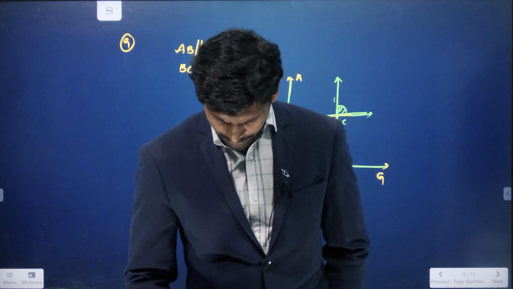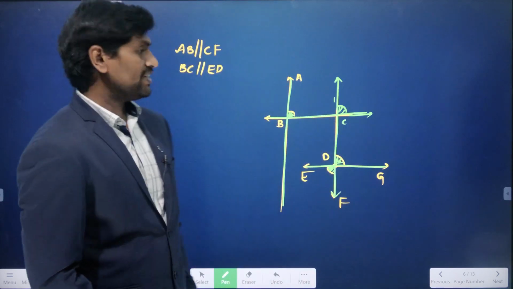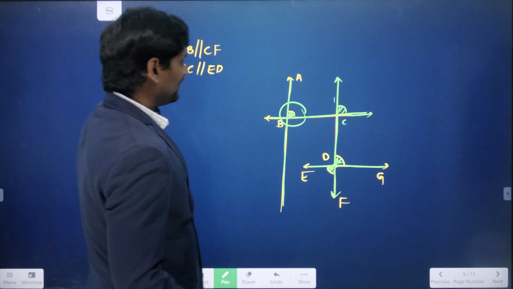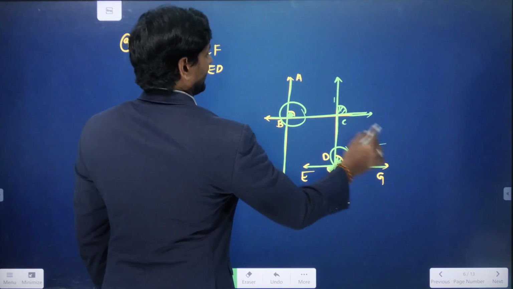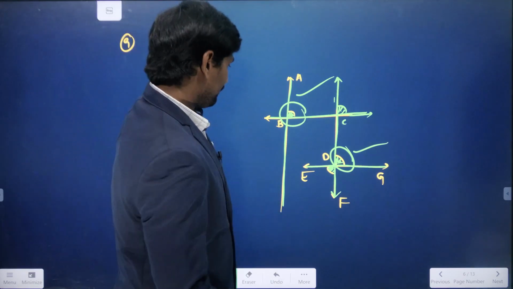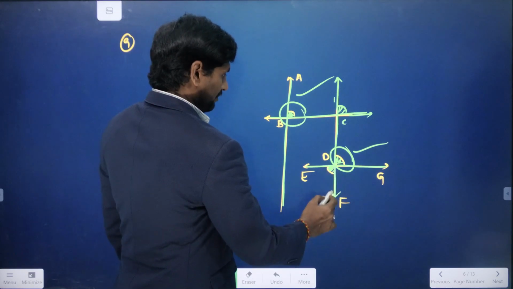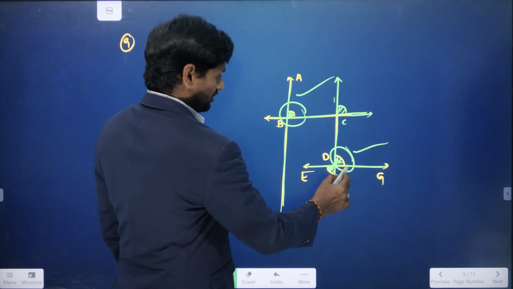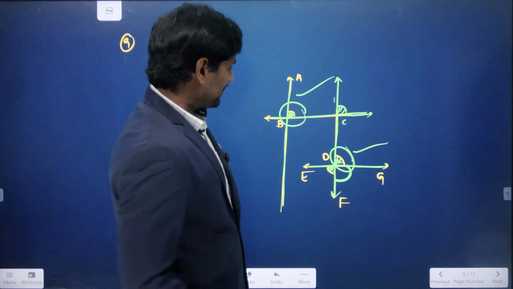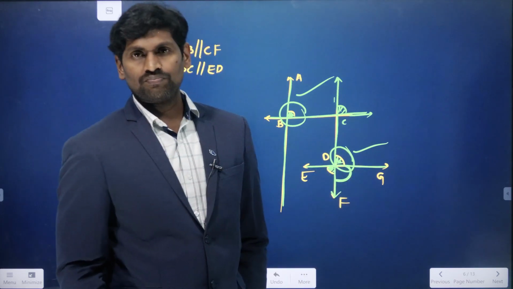So according to the options, while you are observing ABC, ABC means the angle at B, this one. ABC is equal to CDE. Yes, correct. The first statement is correct. Now the second one, FDE.